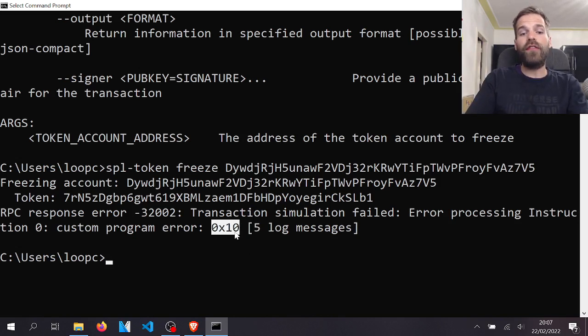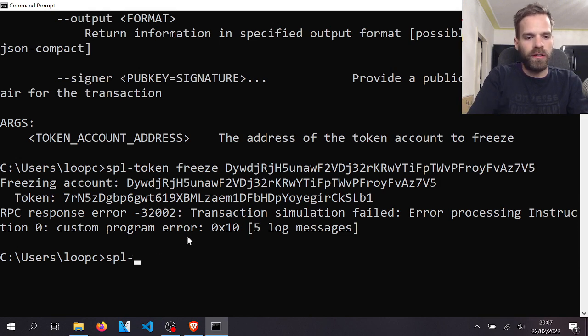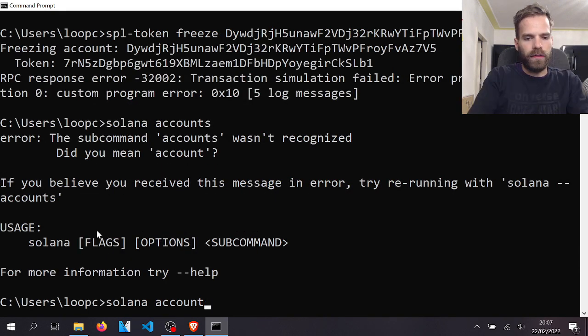Right. So we have the error 0x10 and we also need to know which program we called. Since we're interacting with the SPL token CLI, this basically just interacts with the token program. I mean, we can have a look at our previous transactions. Whoops, that was the wrong address.